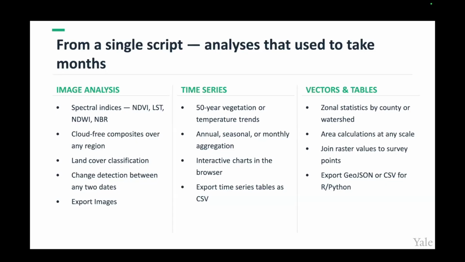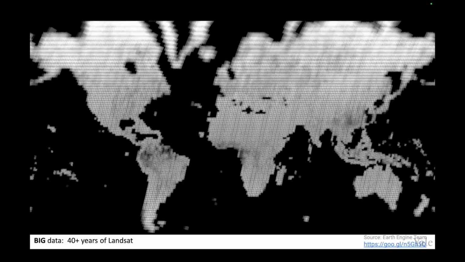When it comes to time series, analyzing vegetation trends, different types of aggregation, and anomaly analysis, in addition to exploring the time series and exporting it. The same goes for exporting data and doing some zonal statistics on areas and on images. So these are a few of the early examples enabled by this platform.